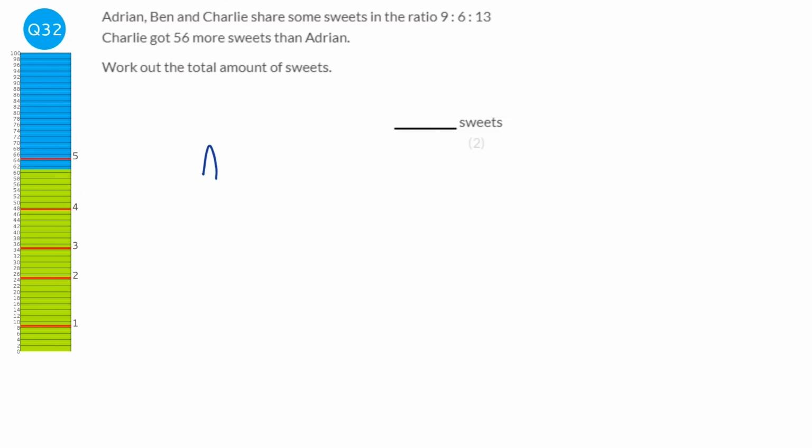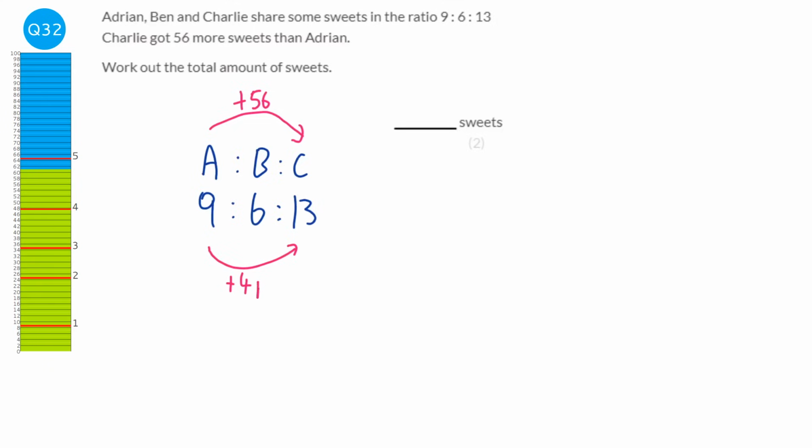This question says that Adrian, Ben and Charlie have some sweets, and the ratio of Adrian to Ben to Charlie is 9 to 6 to 13. But it also says that Charlie got 56 more sweets than Adrian. Looking at the actual parts of the ratio, there are 4 more parts.